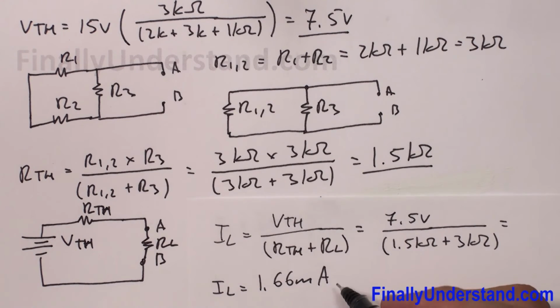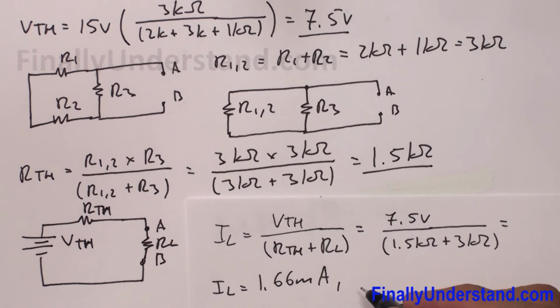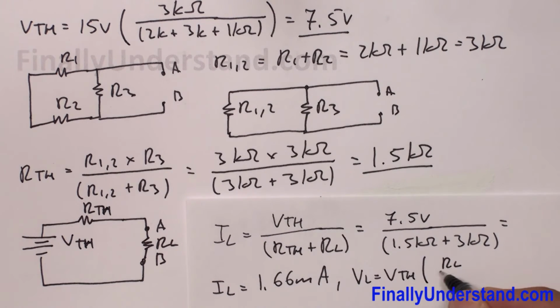Next, I can find the voltage which will appear across resistor RL. You can use the voltage division law or you can use Ohm's law. In our case, this time we can use the voltage division law. So VL is equal to VTH times RL over RTH plus RL.